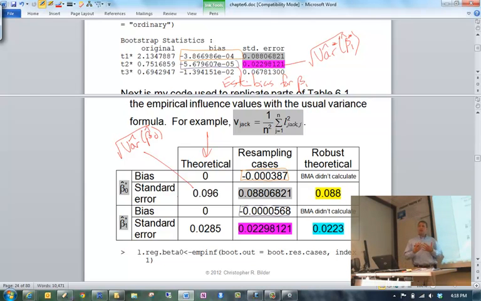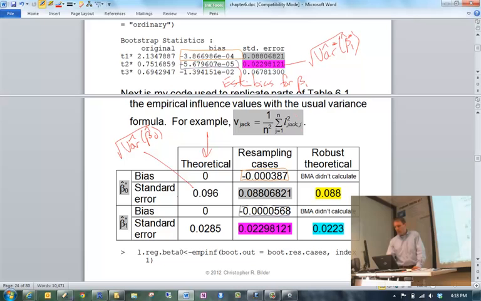So this is an estimate, it's a standard error, but it's not the square root of the true variance. It's called theoretical. So this was just obtained from the original output that we had last time using the lm function. That's all I did: went into the summary of the model fit and grabbed these out.